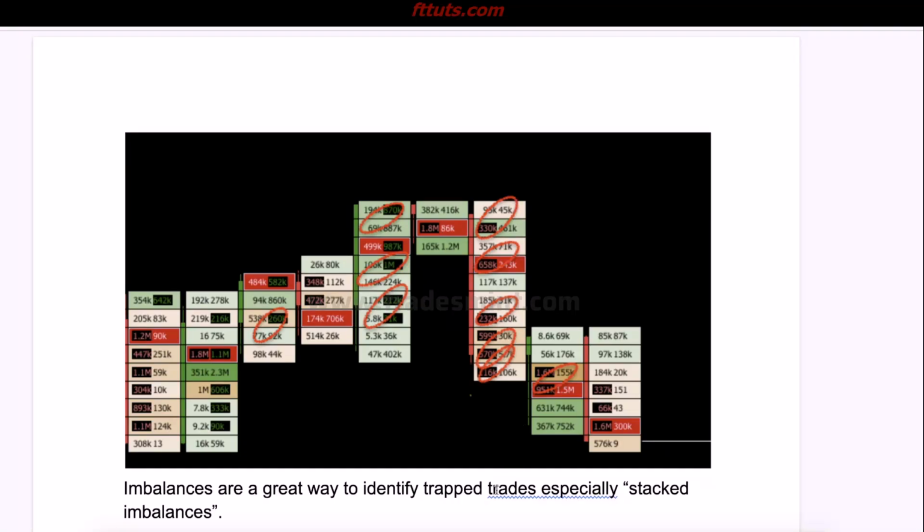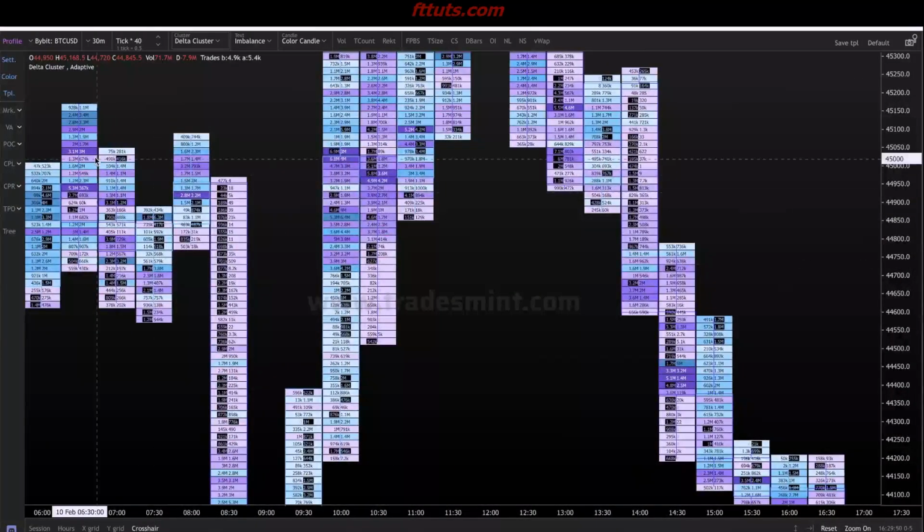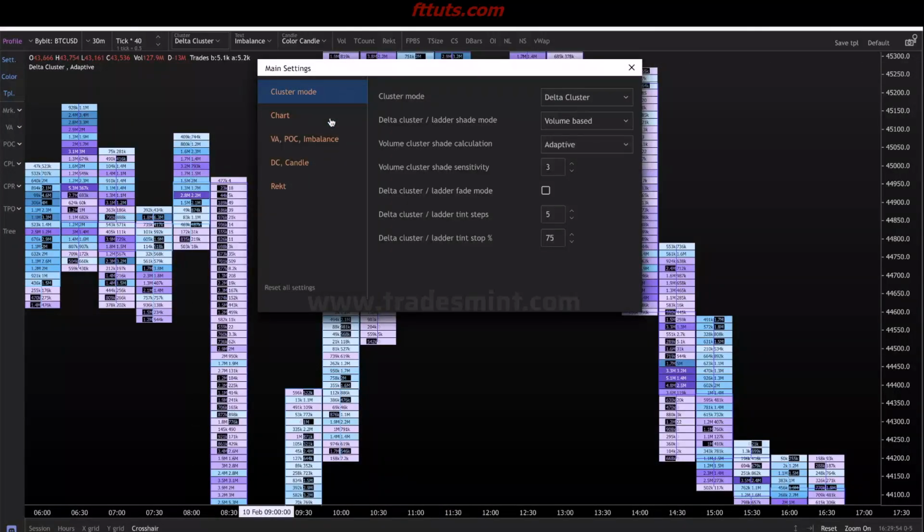Now, imbalances are another great way to spot trapped traders, especially stacked imbalances. The way you can set these imbalances up is you can go to settings over here and go to VA POC imbalance, and basically the bid-ask imbalance calculation percentage.